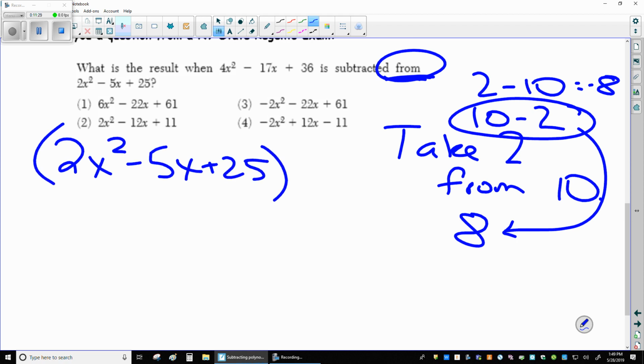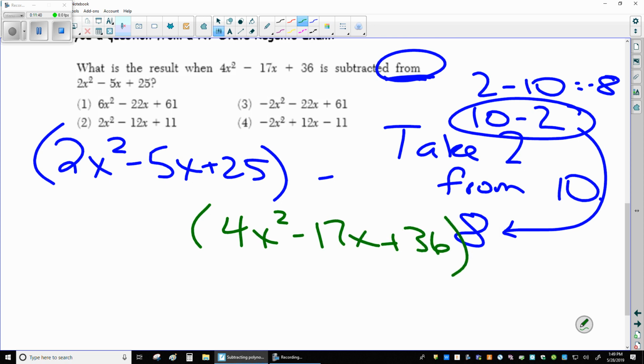Keep that one and then subtract the other one. The other one's going to say 4x squared minus 17x plus 36. This is the one down here that gets changed, because you're going to want to change this as well to make that a plus, and then change this to negative 4x, a positive 17x, and a negative 36.